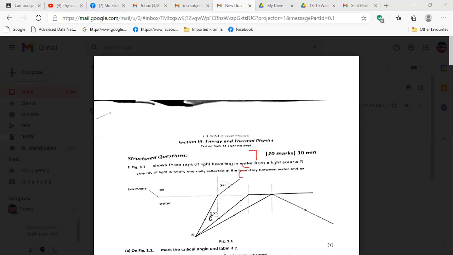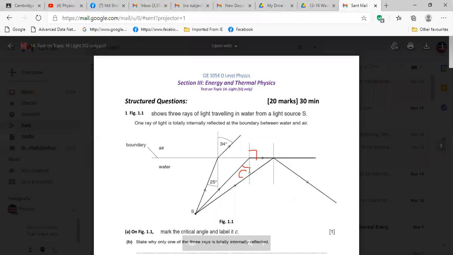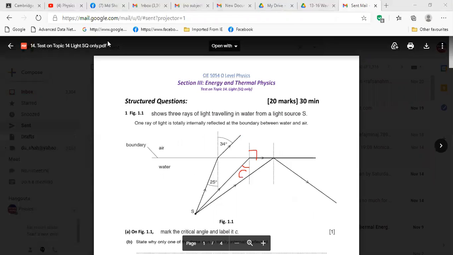Here, right? Where should be label C? Here, right? Yes, sir. Monica also label here. And this one is 90 degree. Also you label this, so that you can understand angle of refraction is 90 degree. Is it clear?